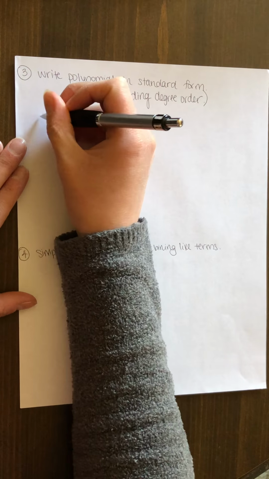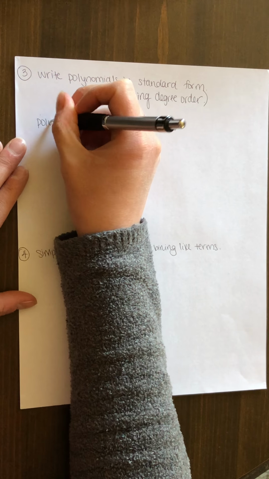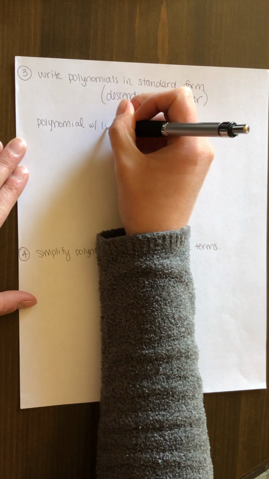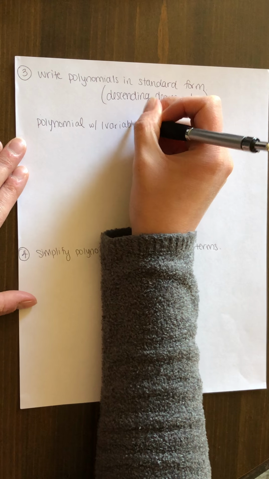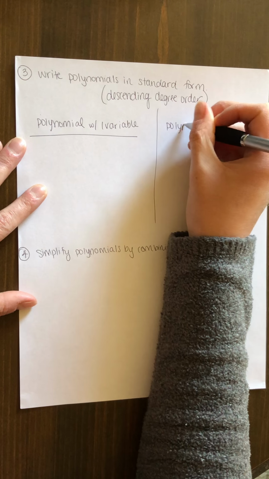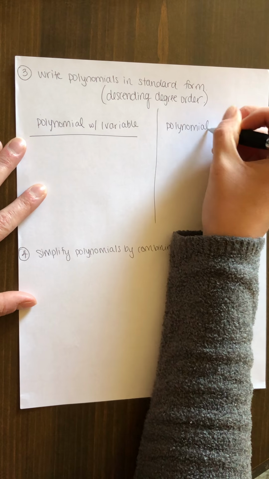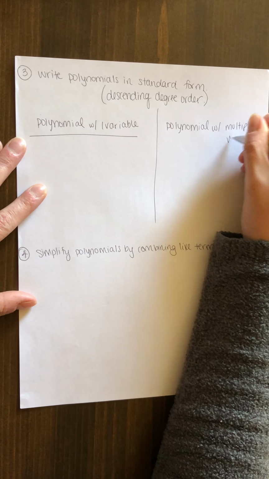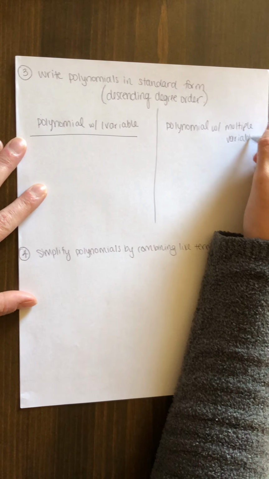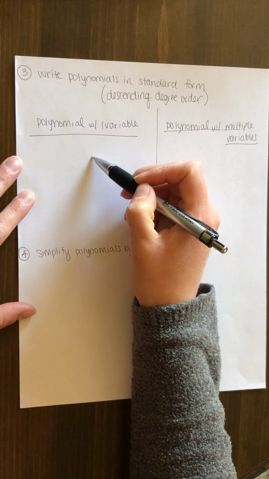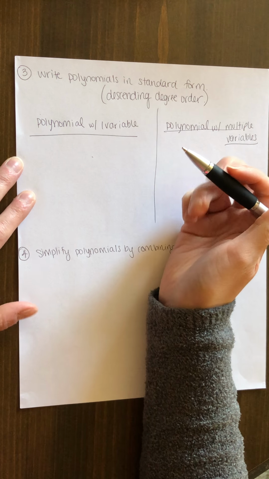Again, it's going to matter if we have a polynomial with one variable or a polynomial with multiple variables. So let's take a look at first if we have a polynomial with one variable.